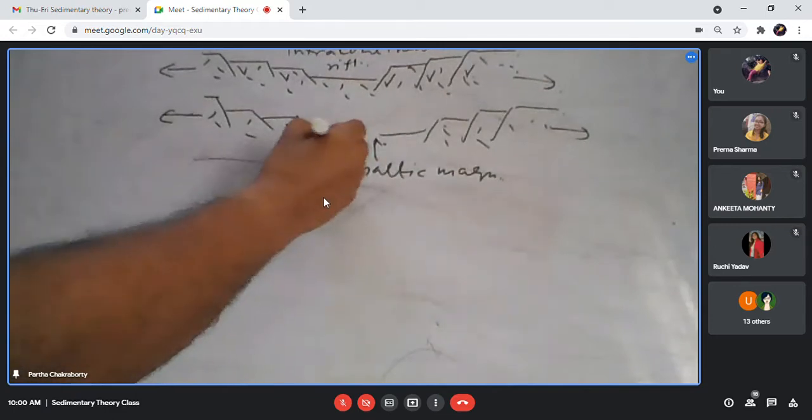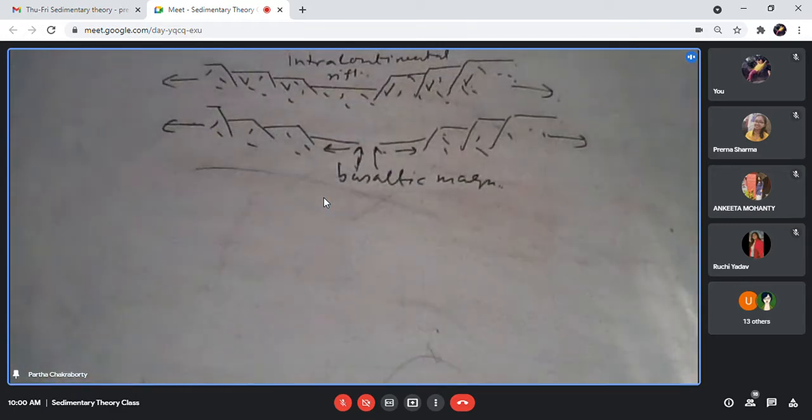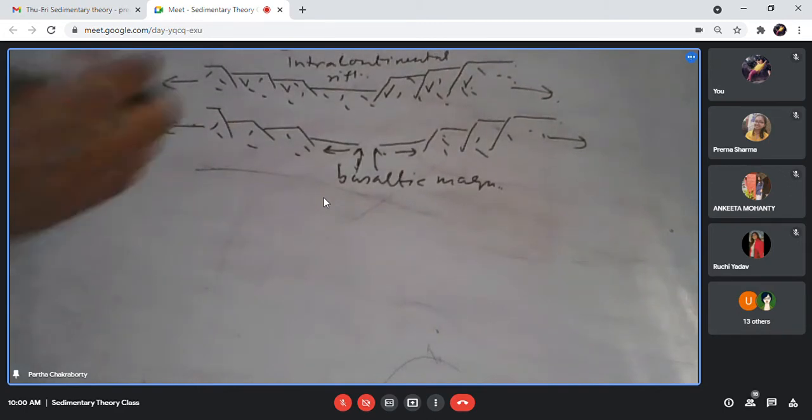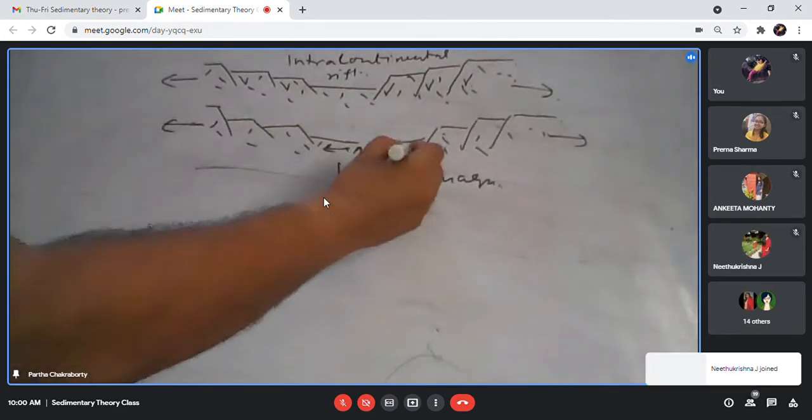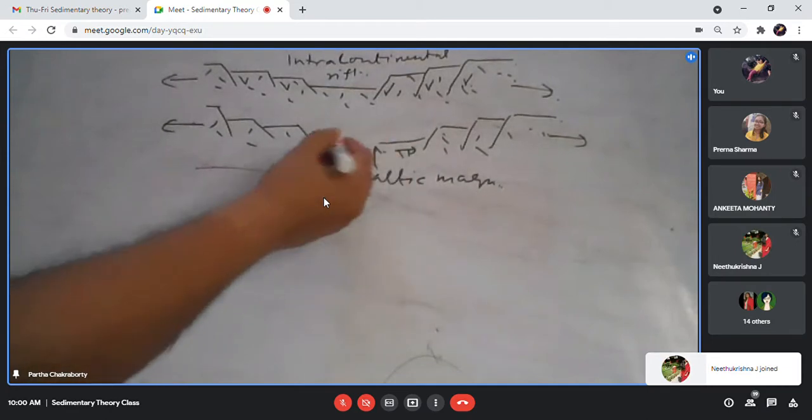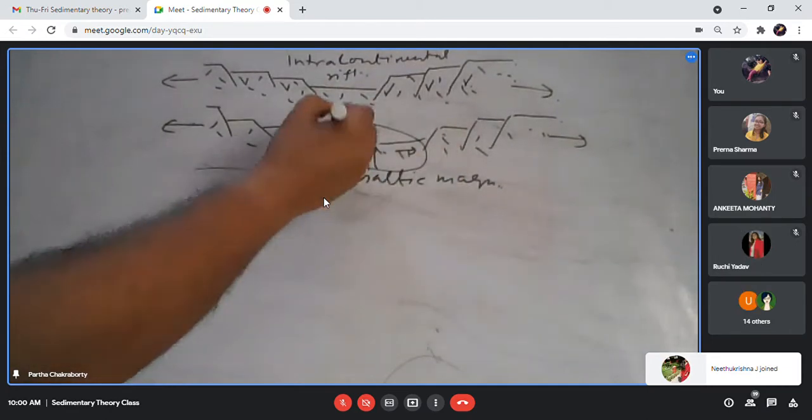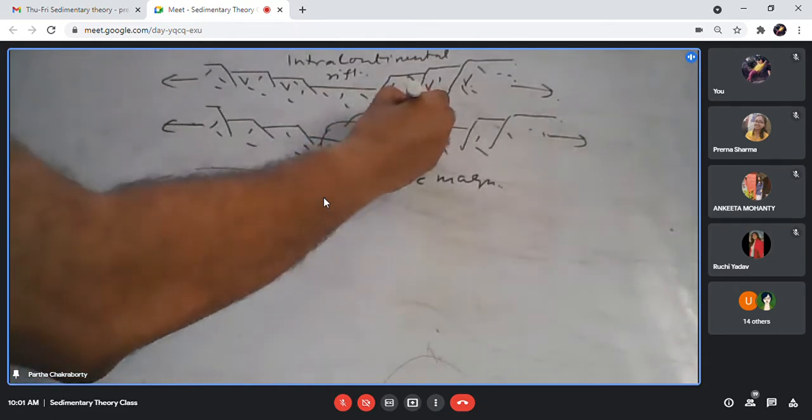You are stretching it and opening a basin with intrusion of basaltic magma. So in a continental crust, when you are inputting the basaltic magma, you are generating a transitional crust.